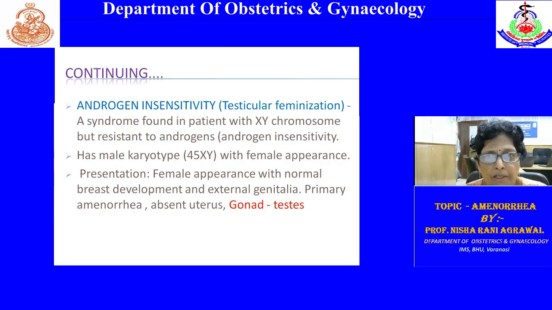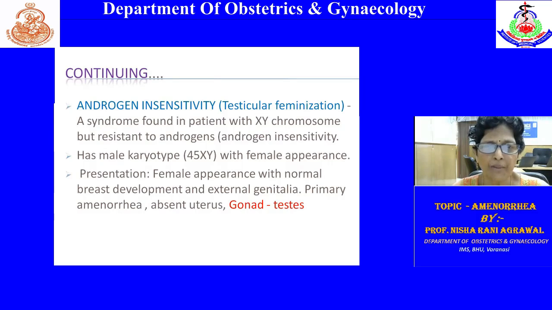Next is androgen insensitivity. If there is testicular feminization, this is a syndrome found in patients with XY chromosome but resistant to androgen. That is androgen insensitivity. Has a male karyotype, that is 46XY, with female appearance, phenotypically female and genetically male.